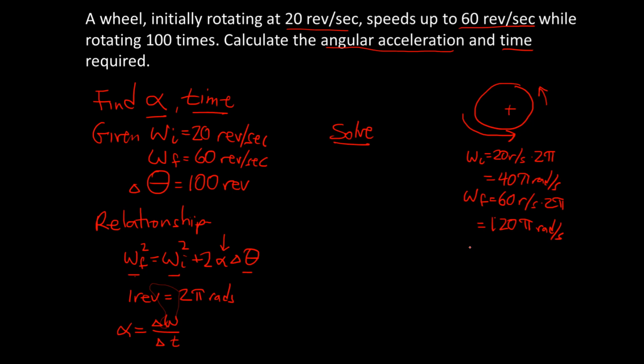And our change in position is 100 revolutions. We'll multiply that by 2 pi, and we find that we're going through 200 pi radians.